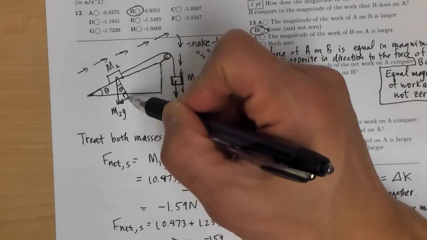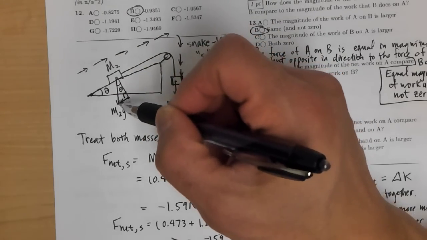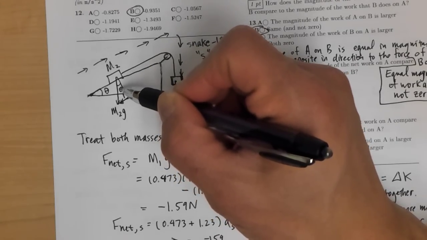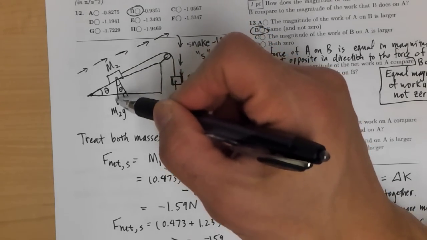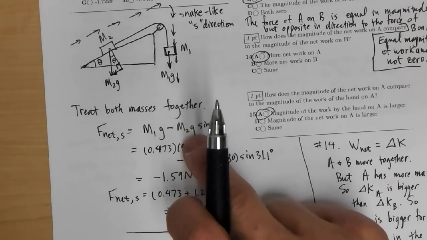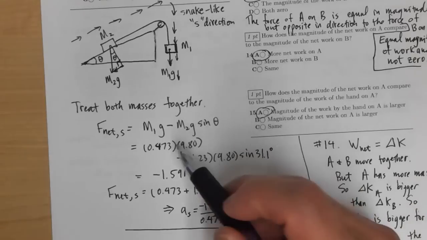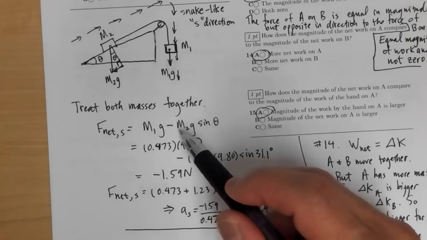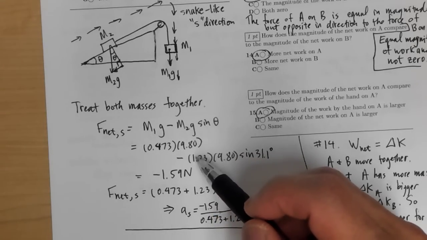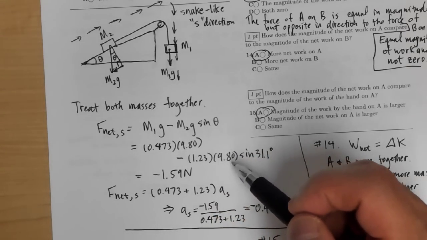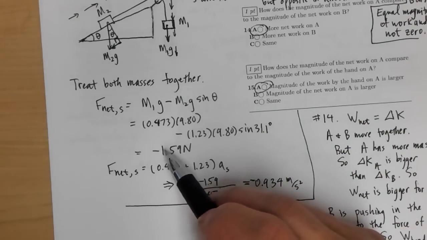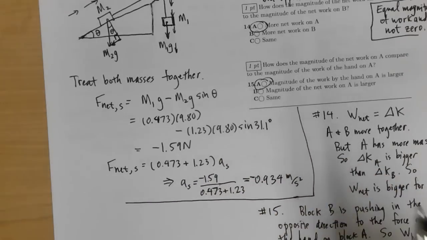We need the component in the s direction, so this parallel component will be negative. It will be the sine of theta times m2g. So we'll have minus m2g sine of theta. So m1g is 0.473 times 9.80. Then we have minus m2, which is 1.23 times g, which is 9.80, times the sine of 31.1 degrees. So that comes out to negative 1.59 newtons.